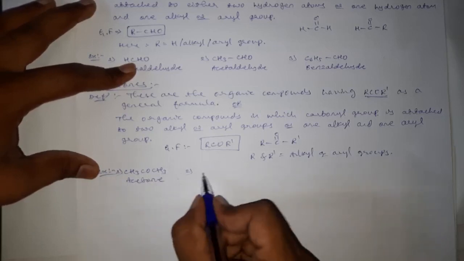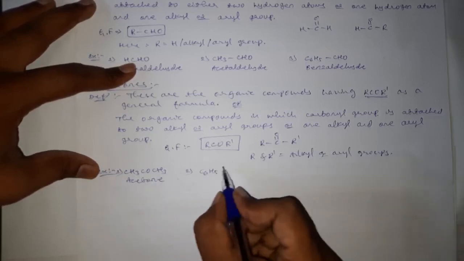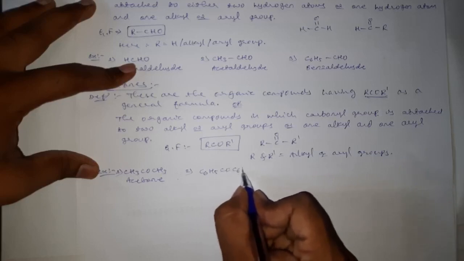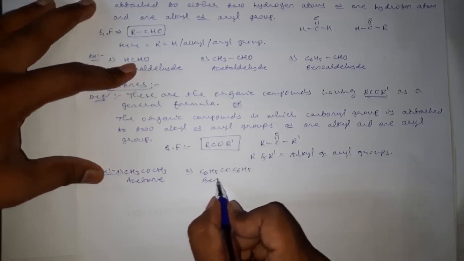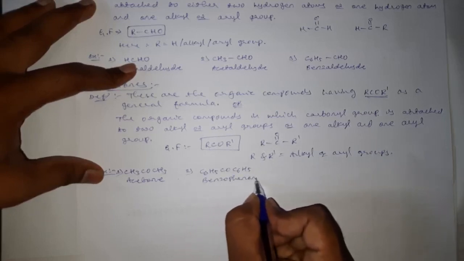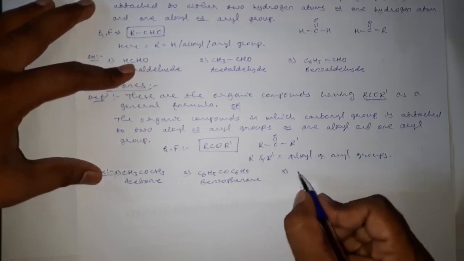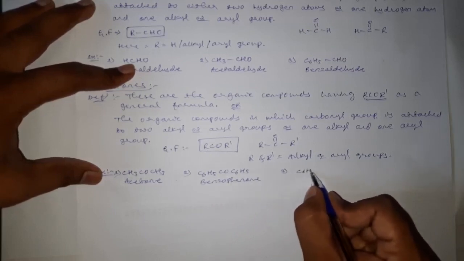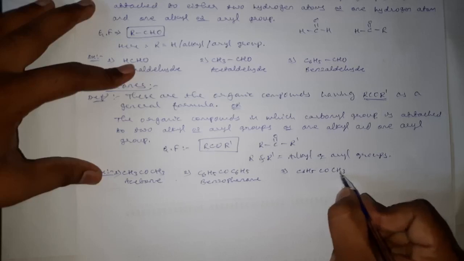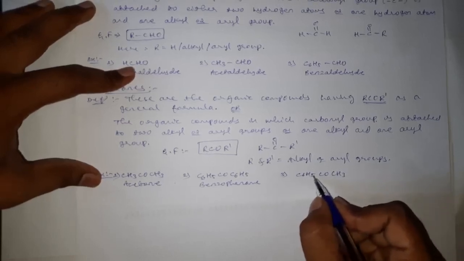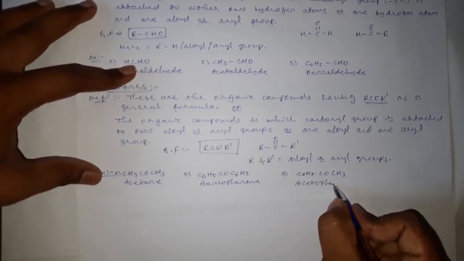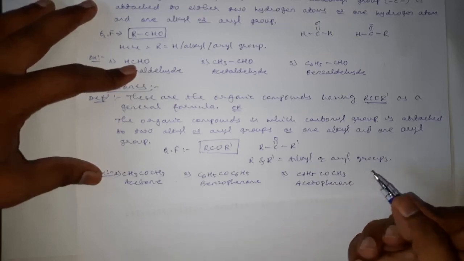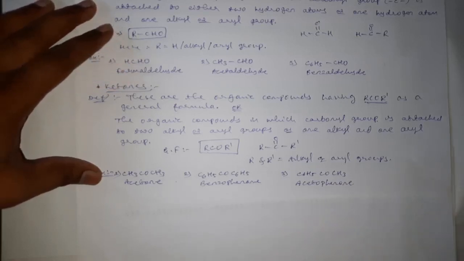The second example, we can take both aryl substituents, C6H5COC6H5, RCOR dash, and this is benzophenone. Or we can write C6H5COCH3. Here one R is an alkyl and another R dash is an aryl, and its name is acetophenone. Okay, these are some of the examples for ketones.